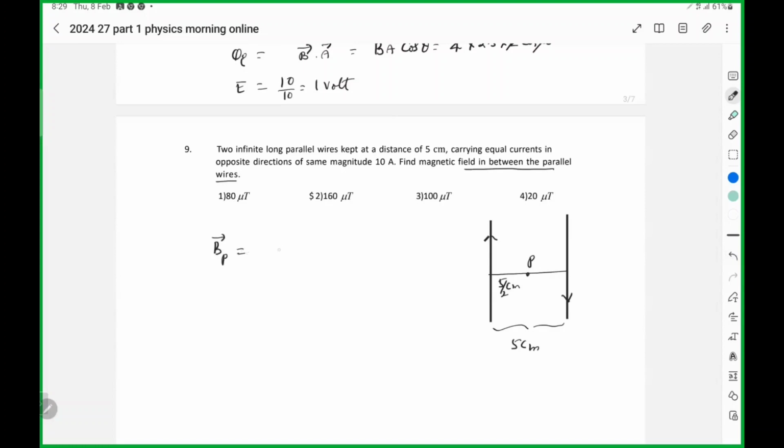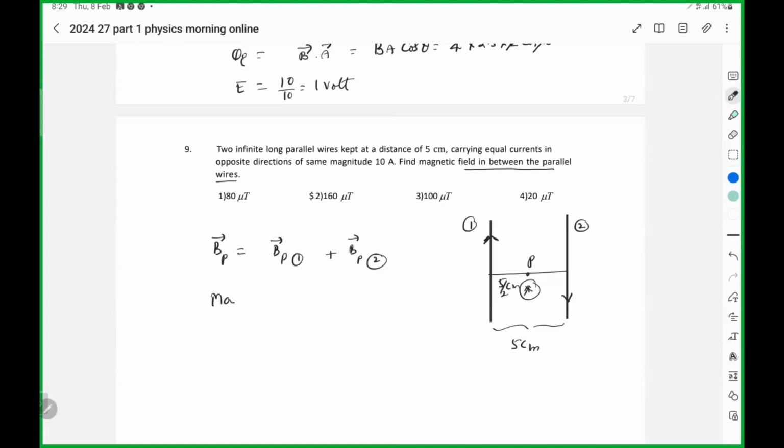Magnetic field at P will be the magnetic field at P due to the first wire plus the magnetic field at P due to the second wire. For the direction of the magnetic field, put the thumb in the direction of current, and your magnetic field will be inwards.